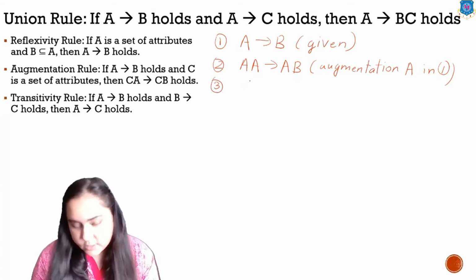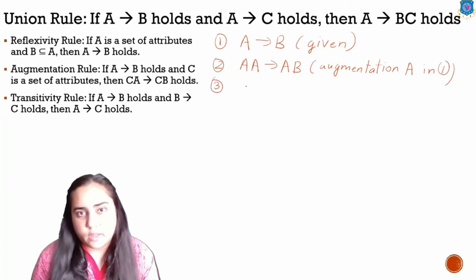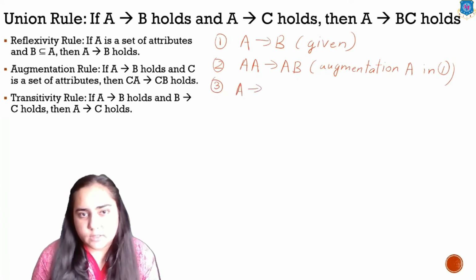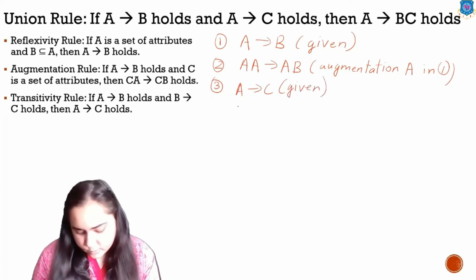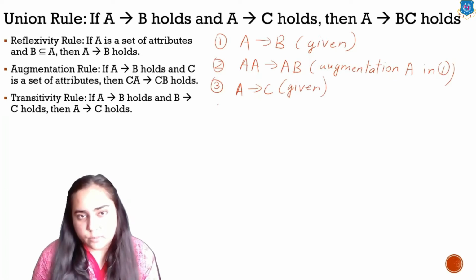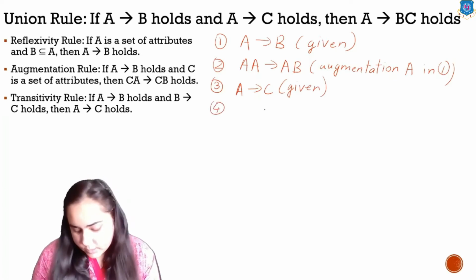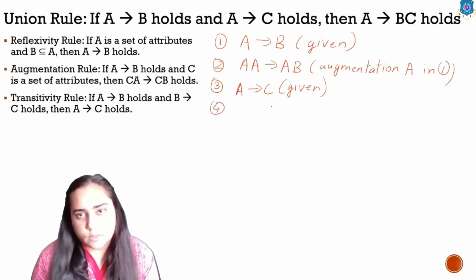Now the third thing that I'm going to do is use the A determines C dependency that I already have. So once again, it is important to mention given in the bracket. The next thing that I'm going to do is augment something here too.